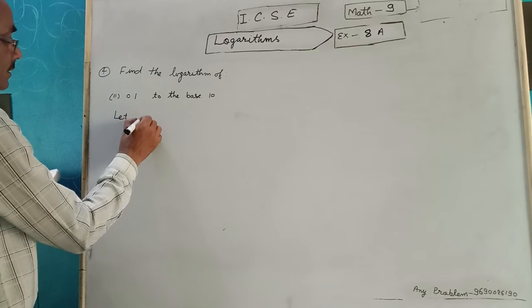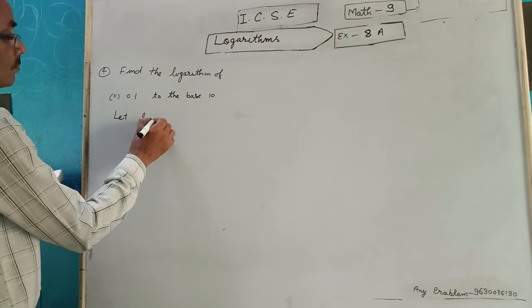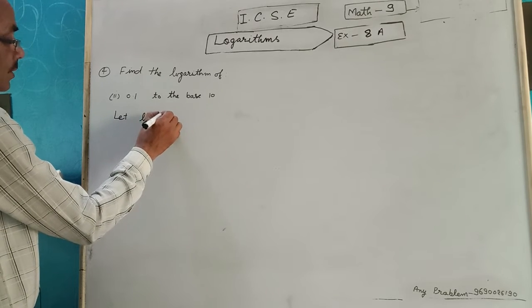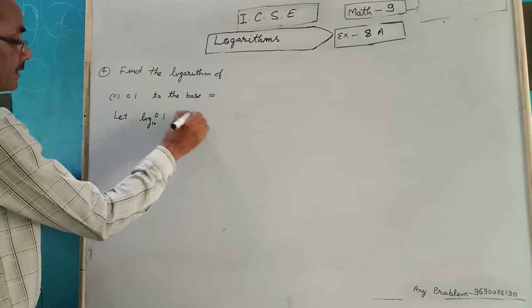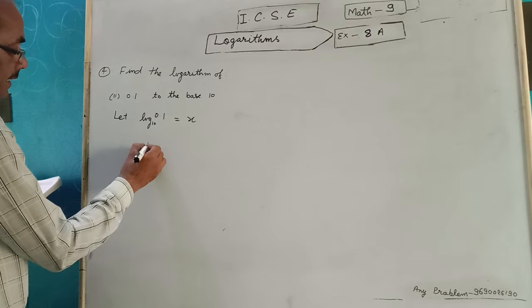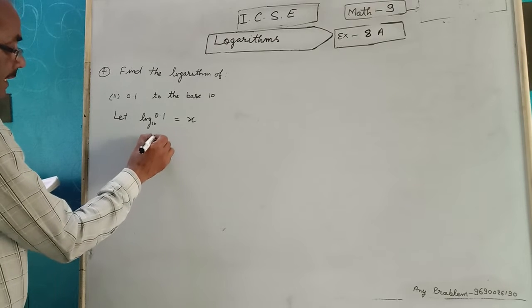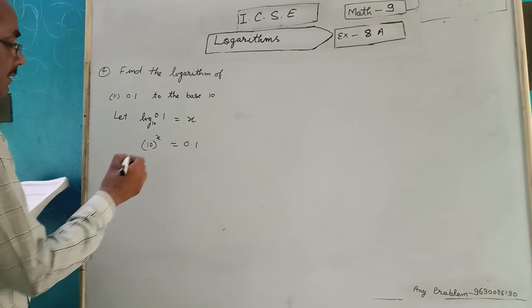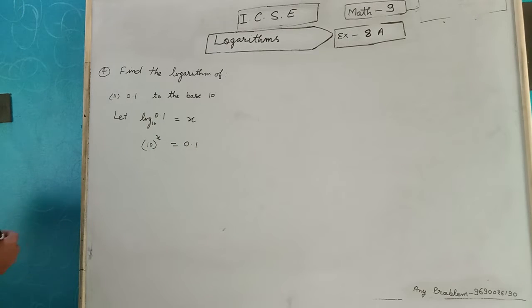Let log on 10 base 0.1 is equal to x. We find the value of x. 10 as power x is equal to 0.1 in exponential form.